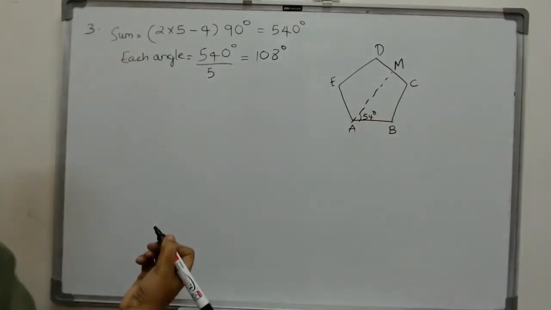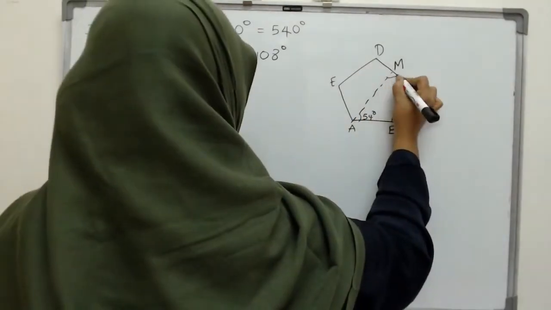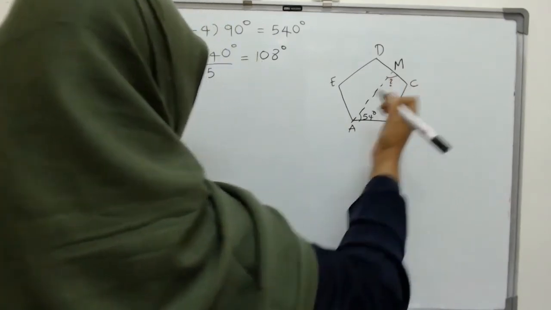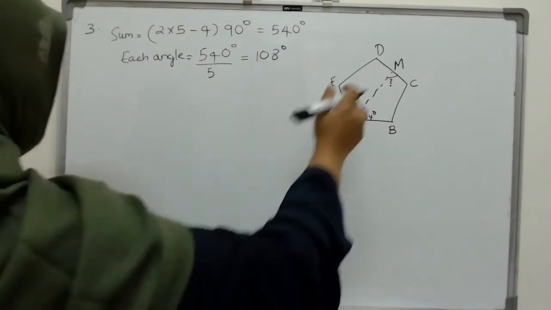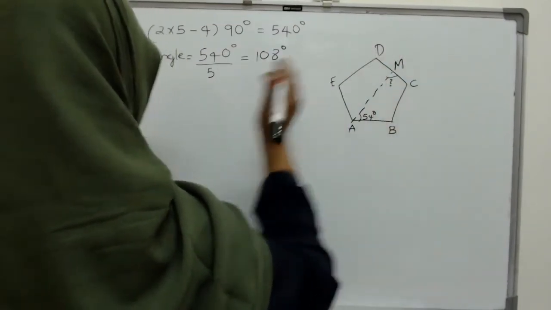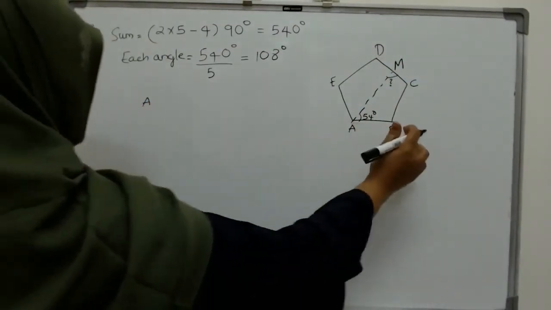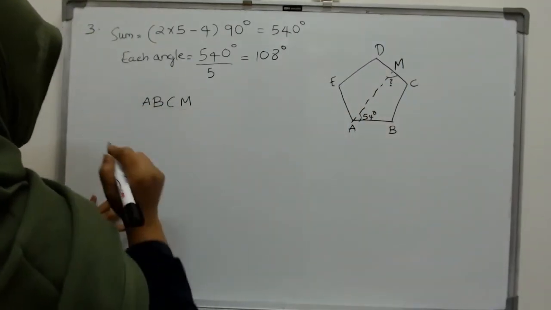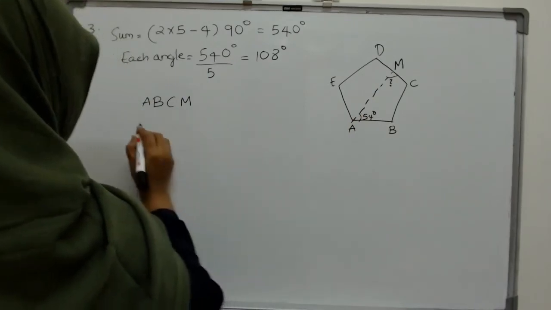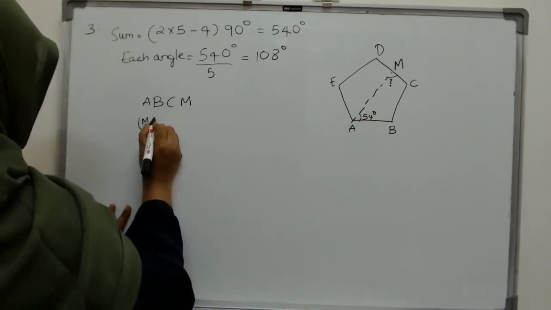Now what is the question? The question is, what is this angle? So can you think of a way we can find this angle? What if we consider this quadrilateral ABCM? We know one angle, MAB.